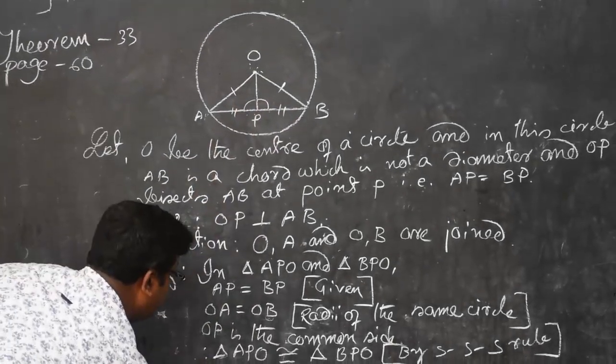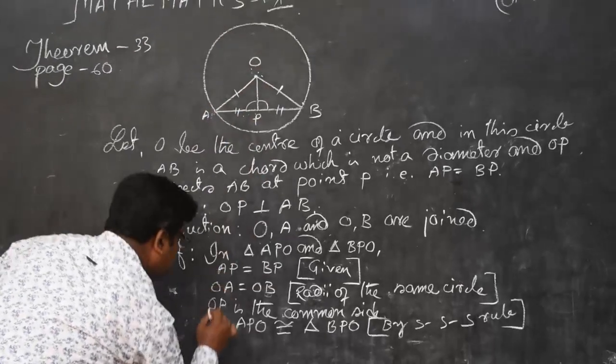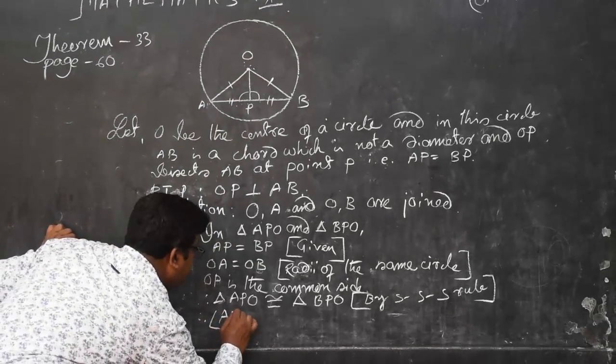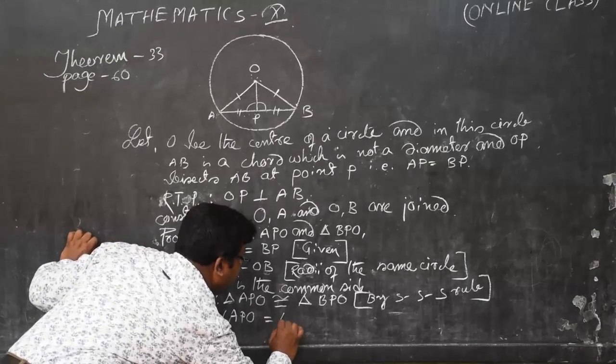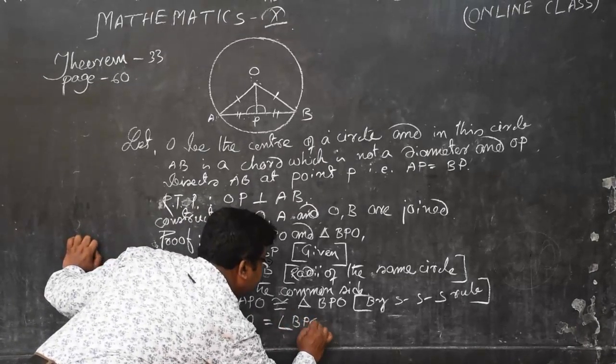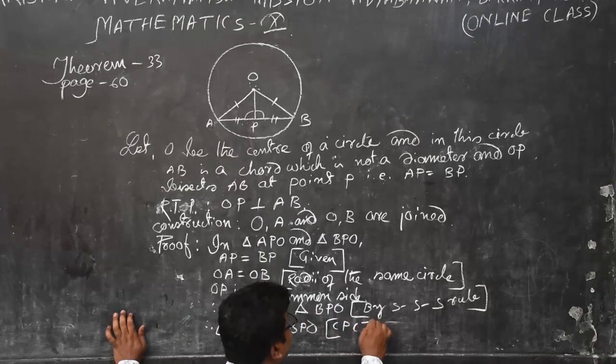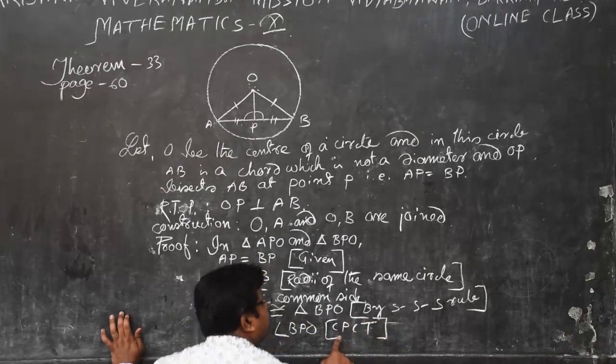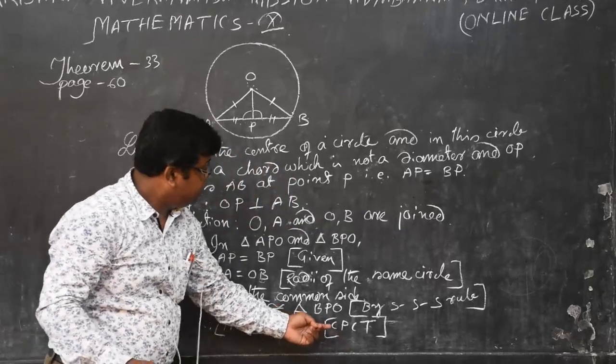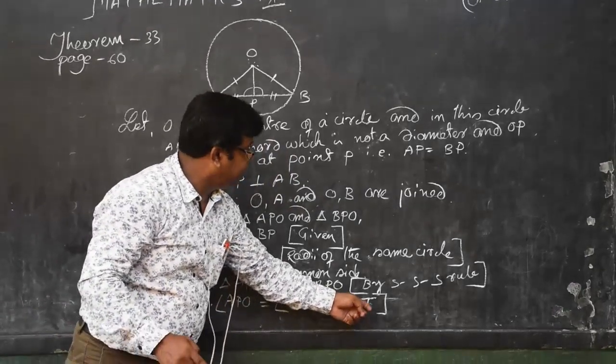Therefore angle APO equal to angle BPO. CPCT, you know the full form of CPCT, I have explained: corresponding parts of congruent triangles.